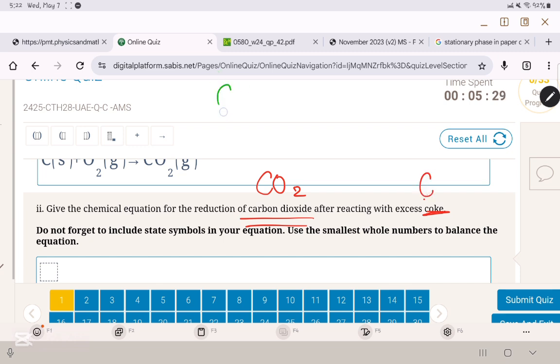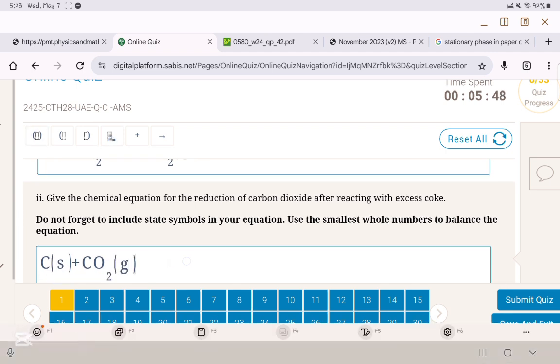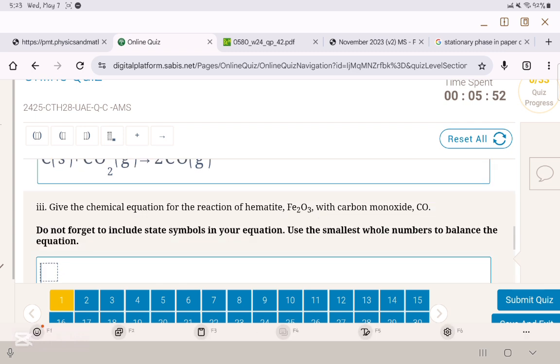So very simply, carbon solid in addition to CO2 gas will form 2 carbon monoxide gas. So carbon solid will react with CO2 gas to form 2 carbon monoxide gas.